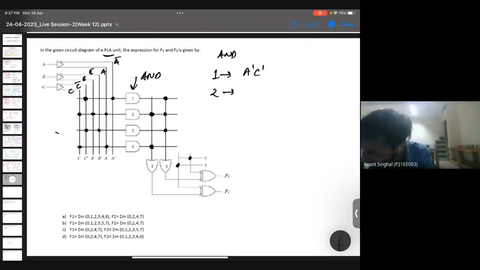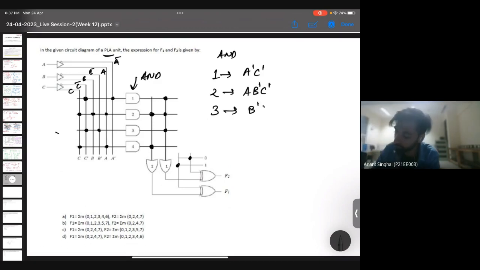Second will be A, B bar, and then C bar. Third will be B bar and then C bar. Fourth will be A and then C bar. Is this clear?